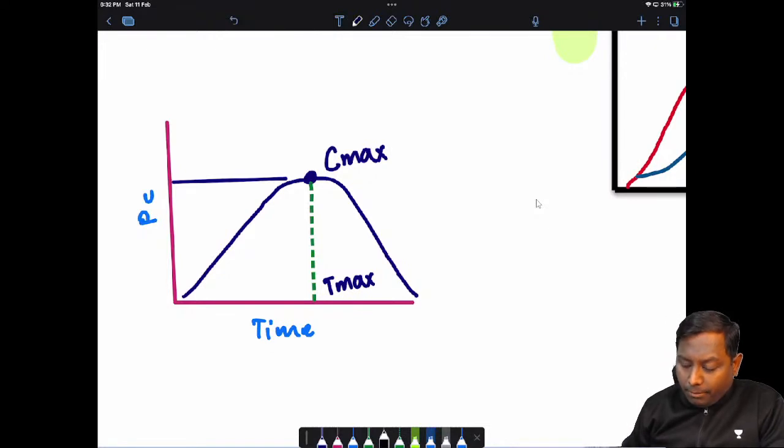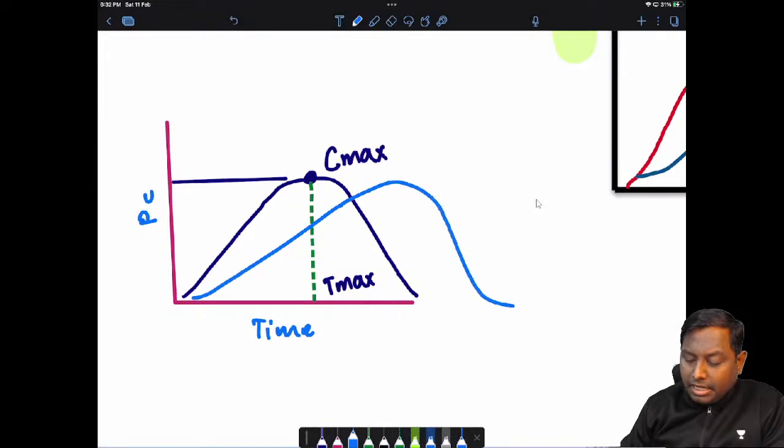And now if you are going to compare this with one more drug, and the other drug that you are going to compare with is having a little slow rate of absorption, like ऐसे गया, ऐसे आया, something like this.